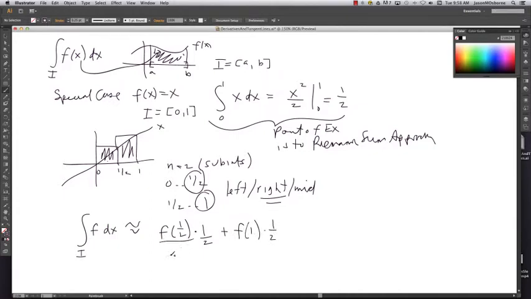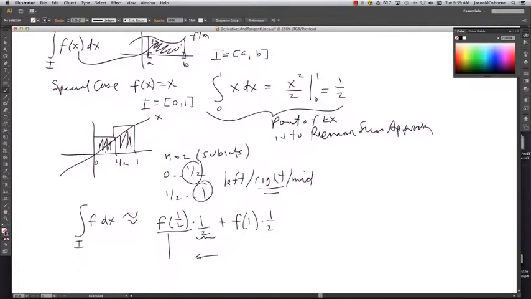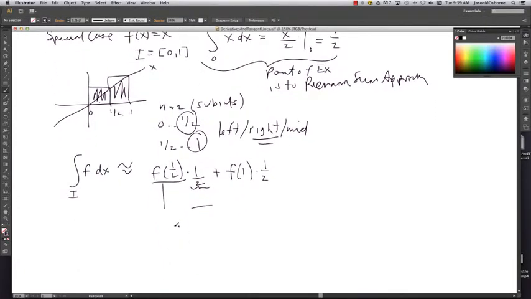This number gives you the height of the box, and this number gives you the width of the box. Together, height times width, you get the area.